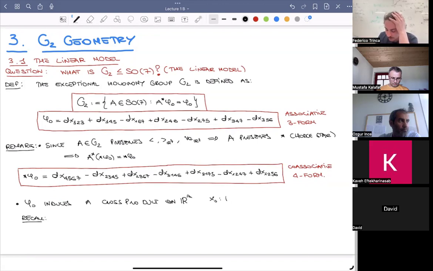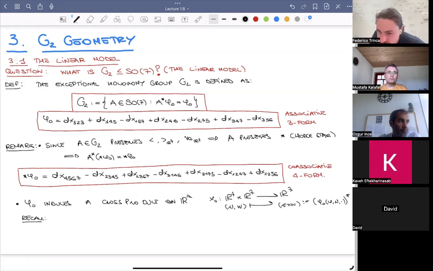It is given in the following way: we have R7 times R7 going into R7, such that to any 2 vectors v and w we associate v cross w, defined through phi0, and since that gives a 1-form, we have to raise the indices to get a vector. This is a cross product, which means that it satisfies these 2 properties.